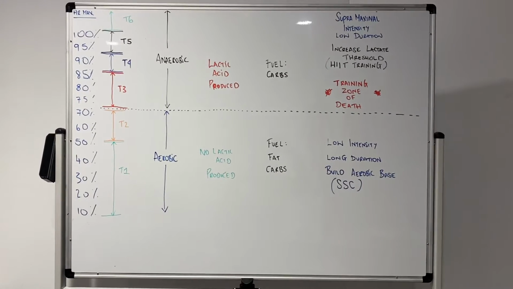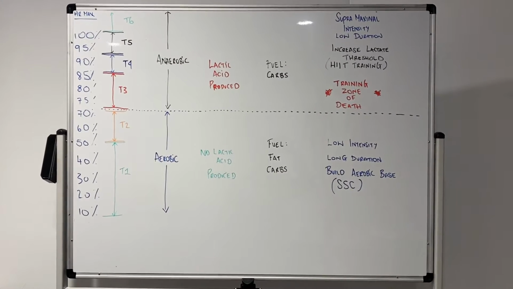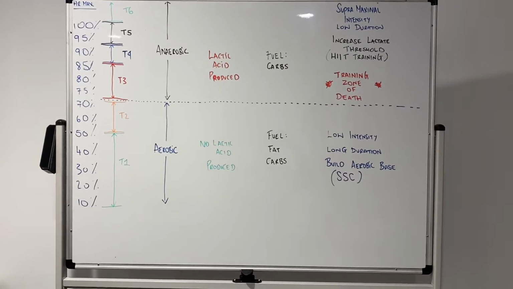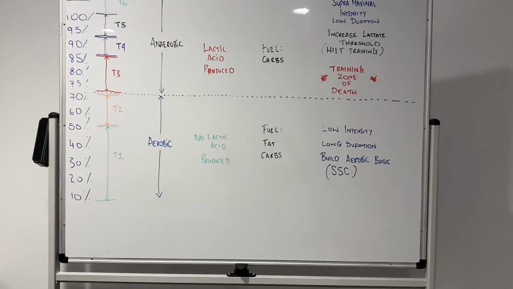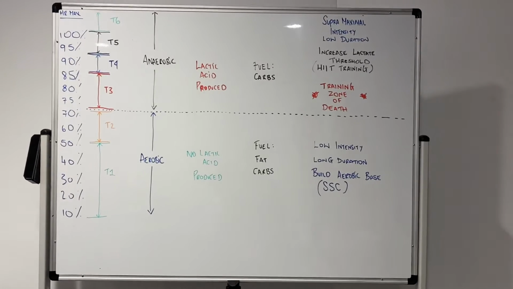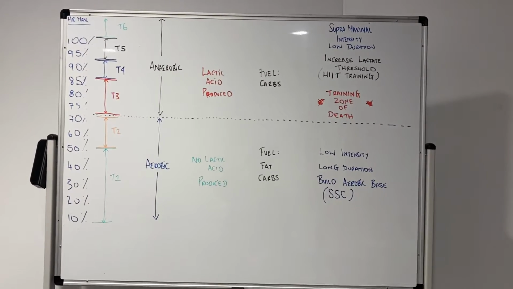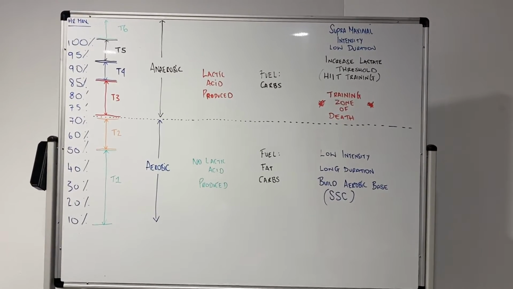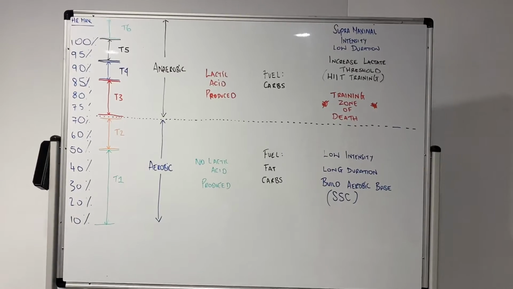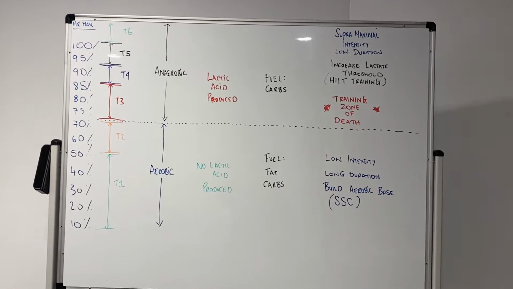As you can see, in line with that heart rate max percentage, training zone 1, which is aerobic in nature, is from a very low intensity up to, give or take, around 50% of heart rate maximum.